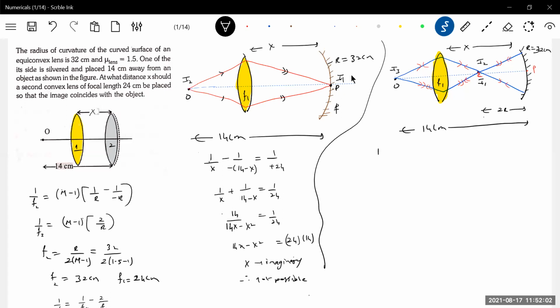So now again the formula will be 1 by 14 minus x. What is this image distance, how do we define it?